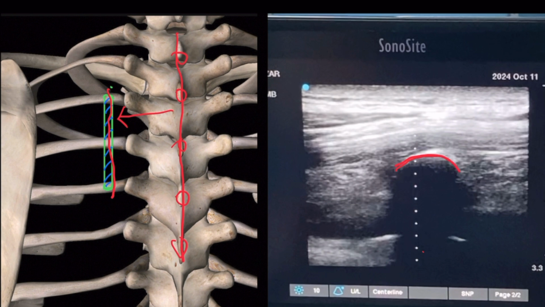Here you can see a curvilinear hyperechoic line with an acoustic shadow. This represents the rib, and in between two ribs you can see a shimmering structure, that is the pleura. Just above the rib you can see the skin, subcutaneous tissue and back muscles, trapezius, rhomboid and erector spinae muscle, and this is known as the costal view.